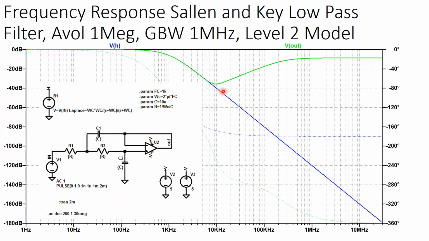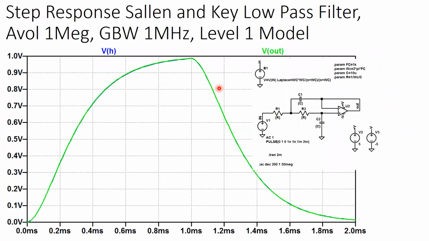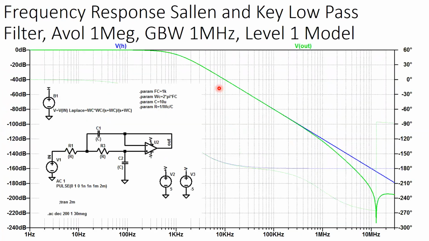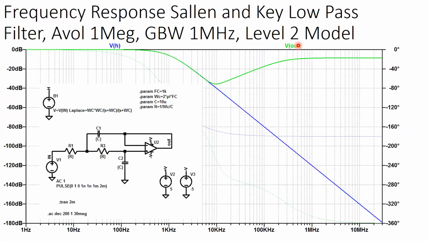This is acting almost like a notch filter. The only thing that changed was this was model level 1, the easy one, and it worked. Then we did a more realistic model, and it stops working.